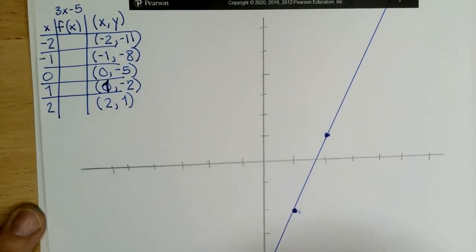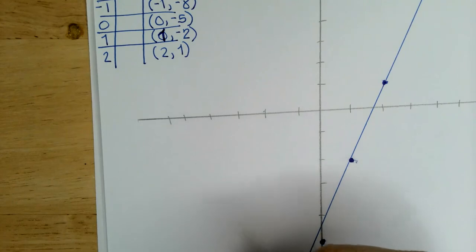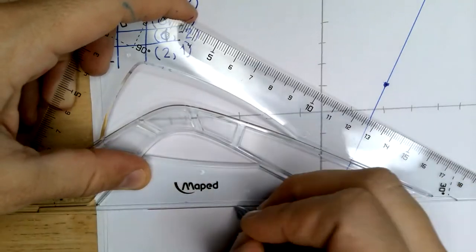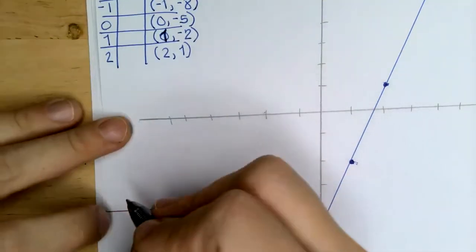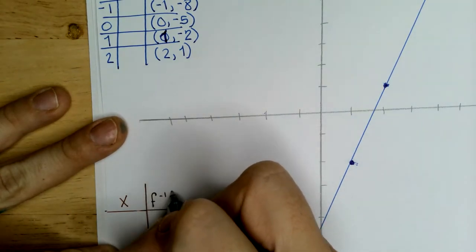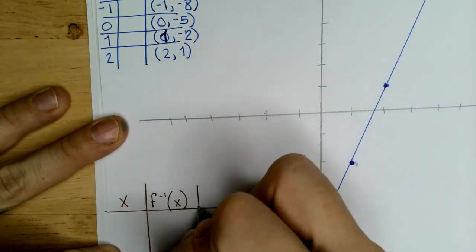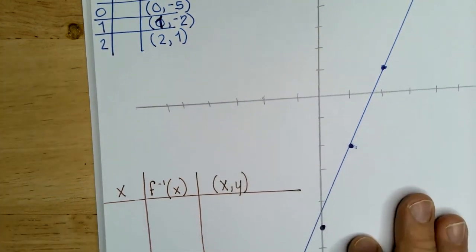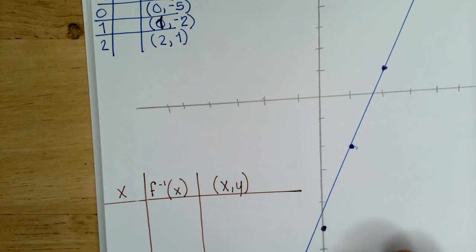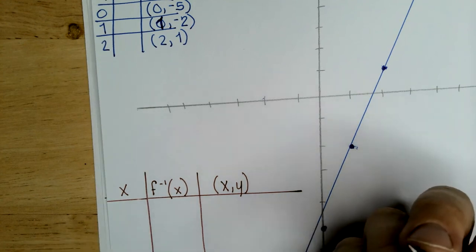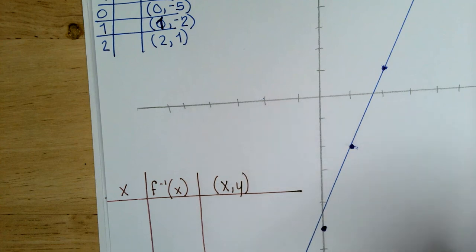And then down here, I will graph f^-1 of x. All right, so if I know, ooh, I can do some inverses, right?